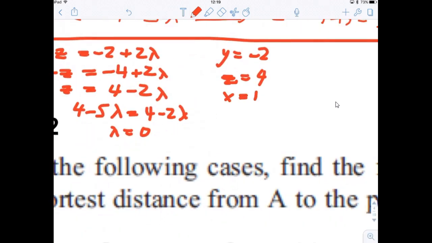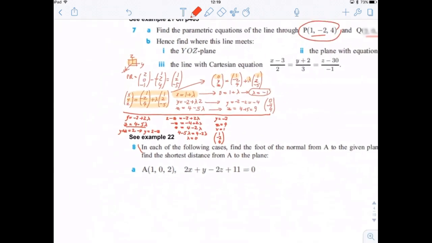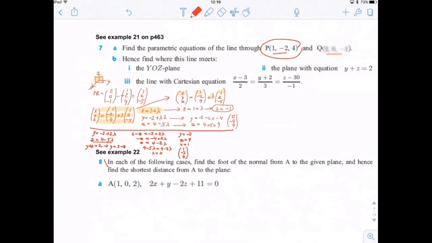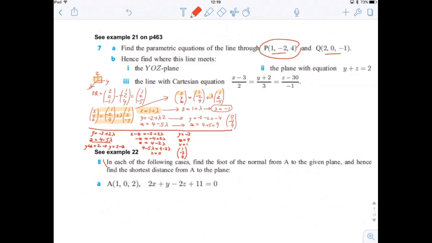So in this case, the coordinates we're looking for are 1, -2, 4. Okay, so that is the point where the line would intersect the plane with the equation y plus z equals 2.